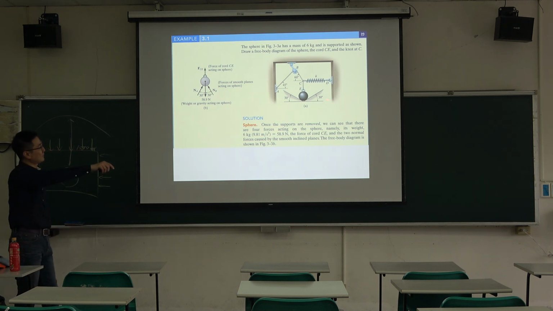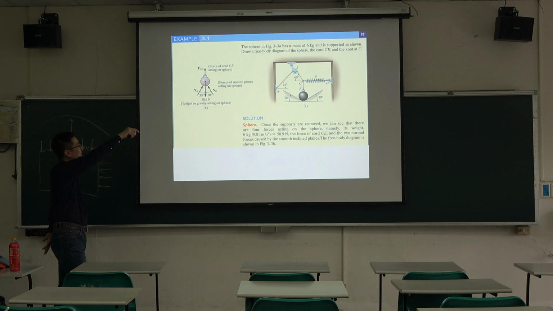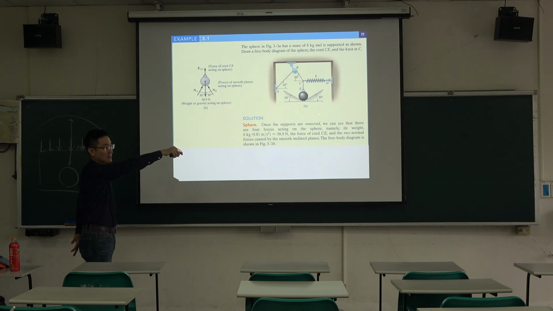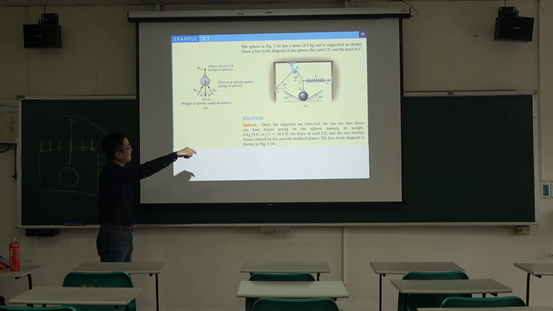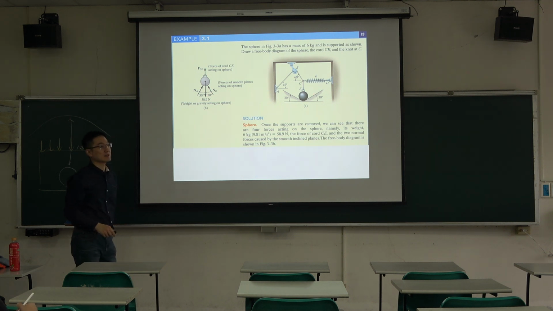If we look at this mass, we have self-weight. Then we have 2 normal forces coming from these 2 surfaces. Here is 30 degrees, so here is also 30 degrees, because it's normal force.